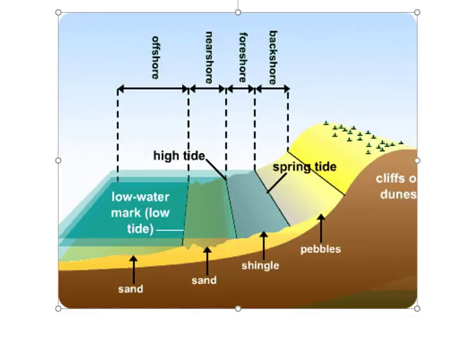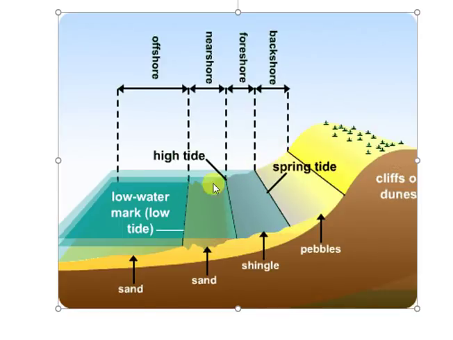This is a graphic of the littoral zone and the subsections in the littoral zone. Very first lesson with me this year, you've got a graphic that's similar to this in your folders, very first page in key area 1. If we have a look at the different zones, we've got the backshore, which is at the back of the beach. Behind the backshore, we've got your cliffs or dunes.